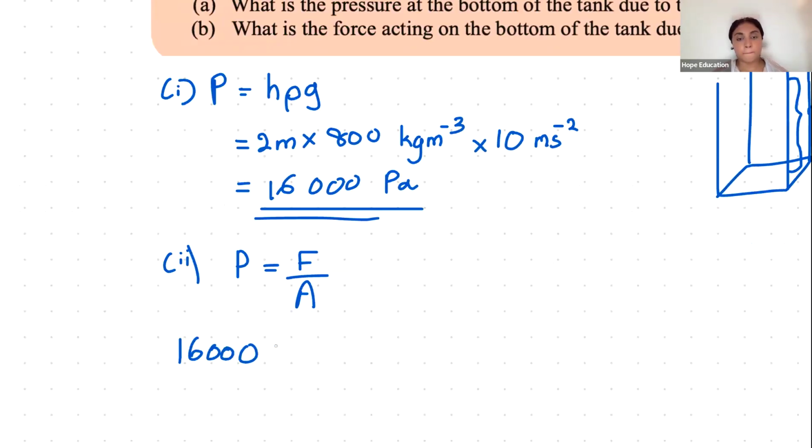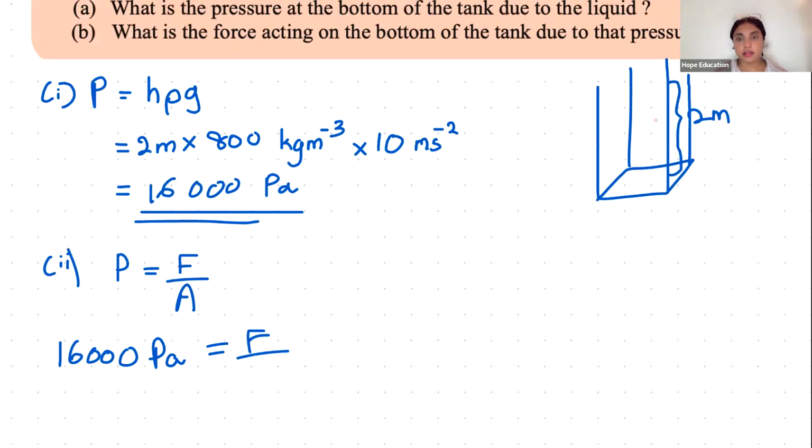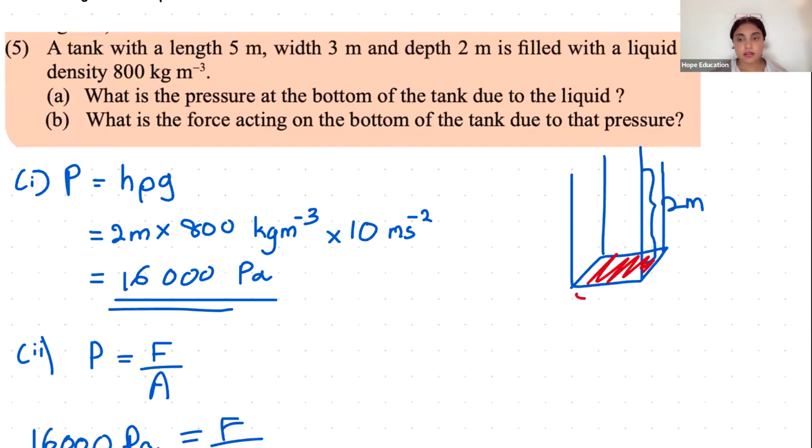Force we don't know. If you take the bottom of the tank, do we know the area? What is the bottom of the tank? It's like a rectangle, right? Bottom of the tank is a rectangle and they have given the length as 5 meters and the width as 3 meters.